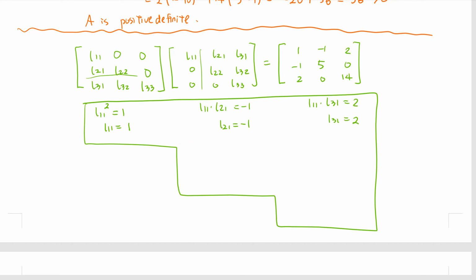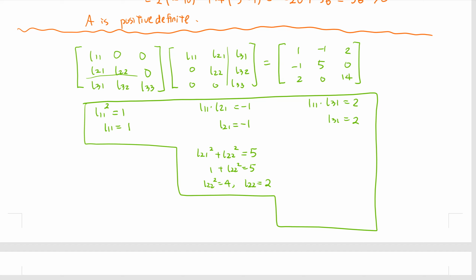I hope you know the reason why we only need to check these entries. This one corresponds to second row times second column. So L21 squared plus L22 squared equals 5. L21 is minus 1, squared is 1, plus L22 squared equals 5. So L22 squared equals 4. L22 is plus or minus 2, but we only pick the positive. So it's positive 2.